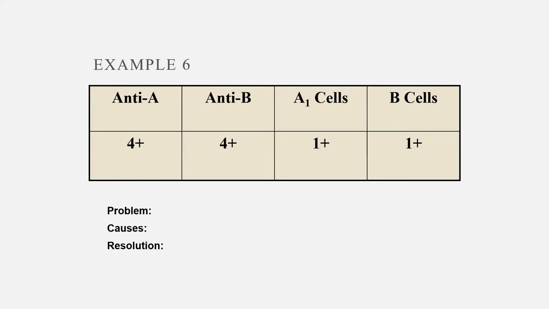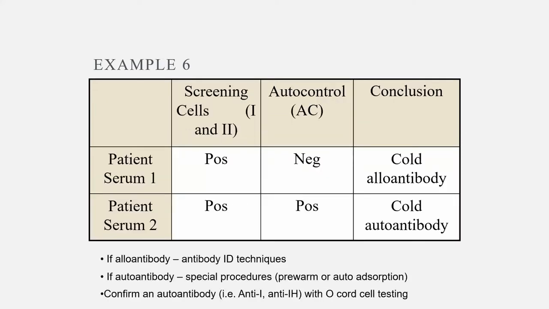So what you want to do is run a screen and auto control. In one patient, we run the screen and the auto control. The screen cells are positive and the auto control is negative. So it looks like they have a cold allo antibody.